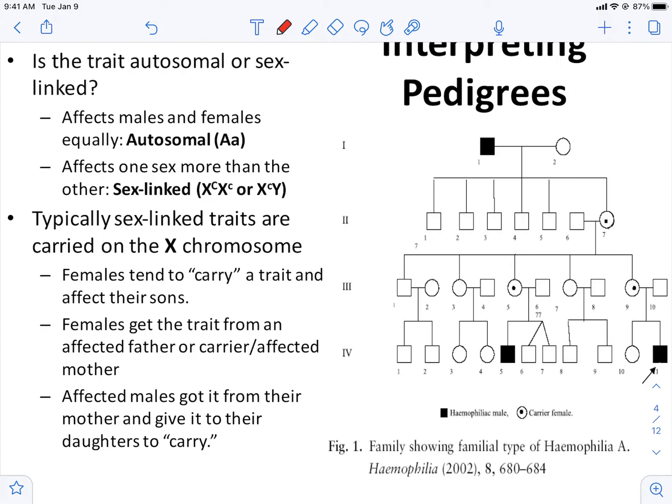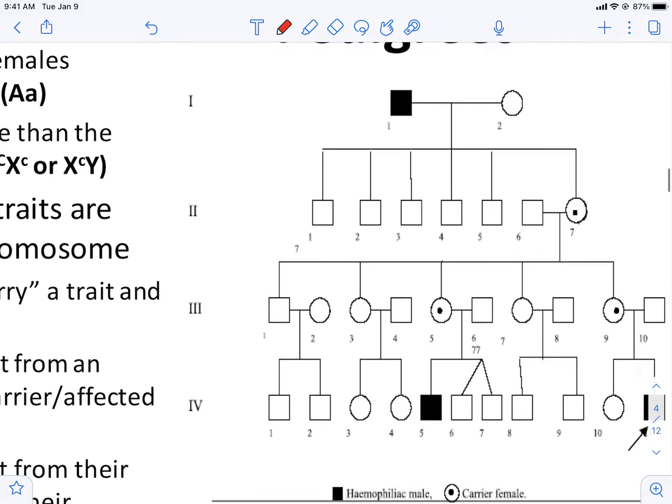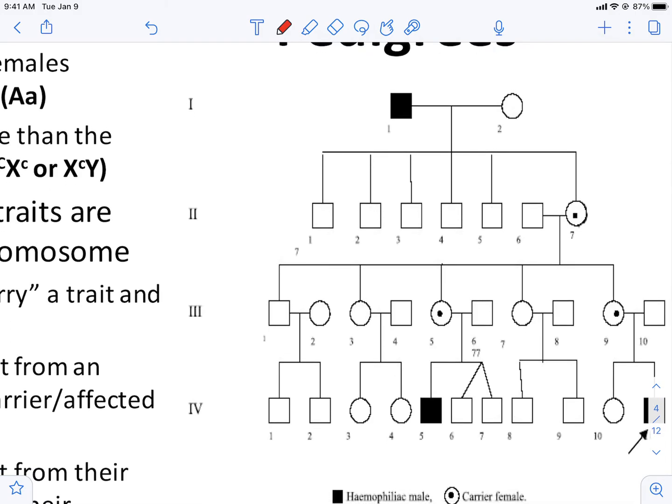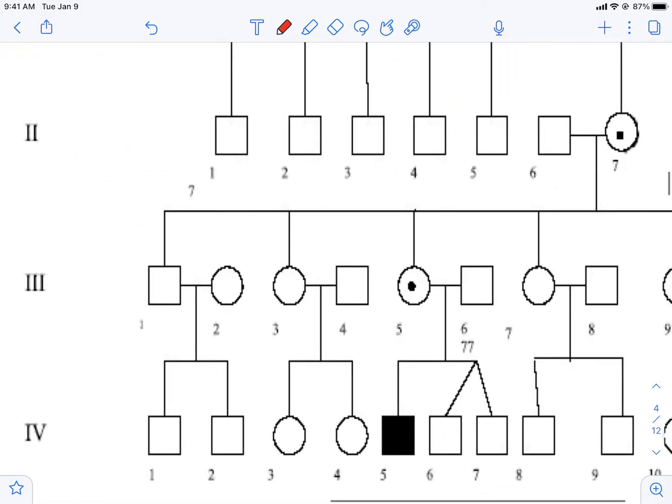You can also see whether or not a trait is sex-linked or if it is equally affecting both genders. So in this pedigree, you'll notice, remember that squares are males, squares are dudes. So how many females do we see that are affected by this trait? Now, notice that these females have a dot in them.